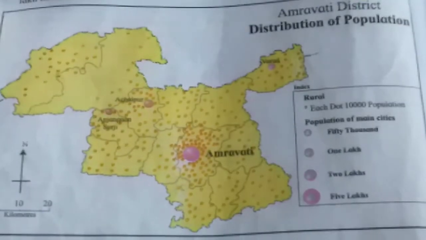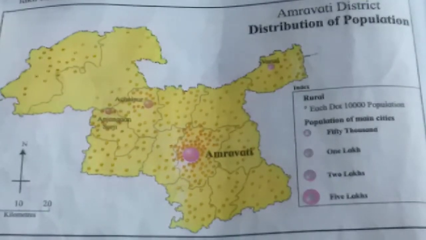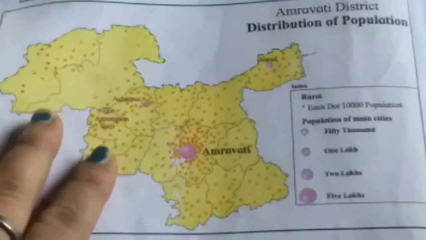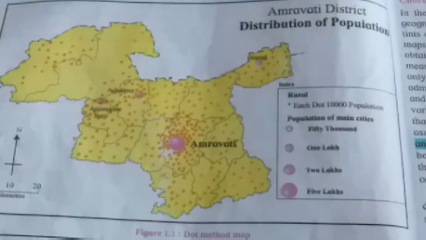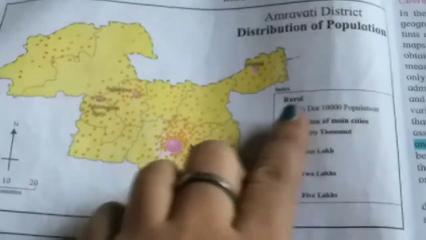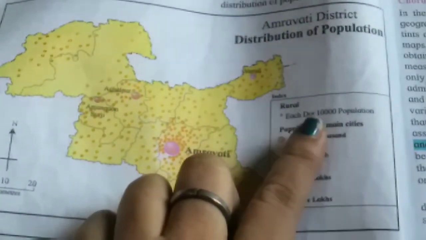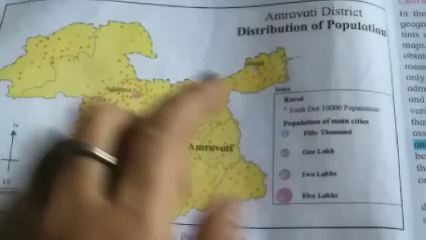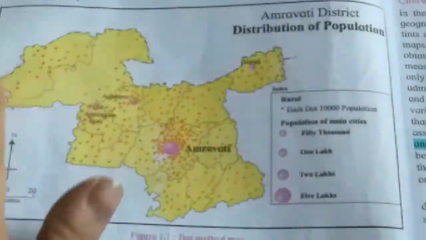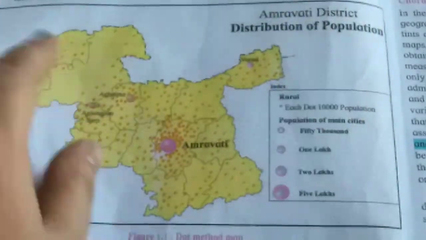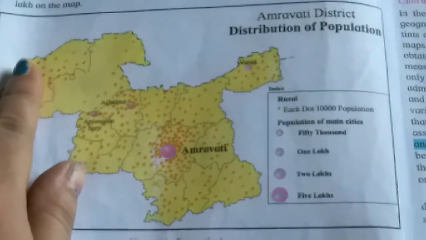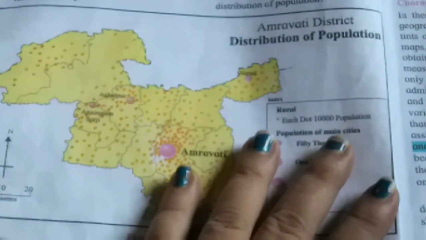Now see here, the population distribution map of Amravati district is given here. Children, can you see in the index? It is given each dot 10,000 population. Here, how many dots are there? So many dots are there, you can see. So each dot is for 10,000 people. Okay.